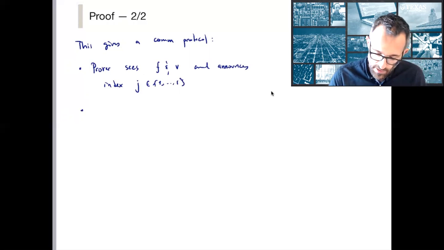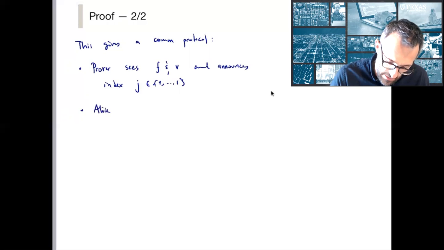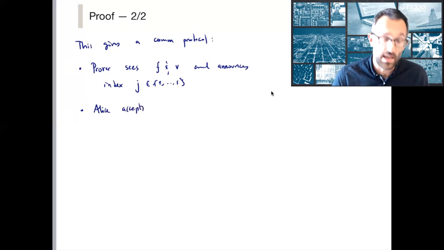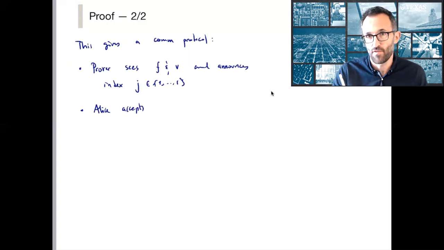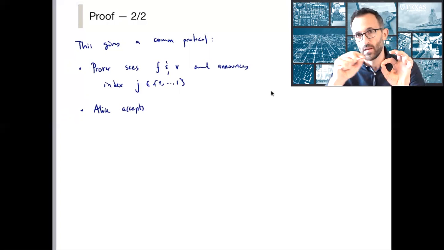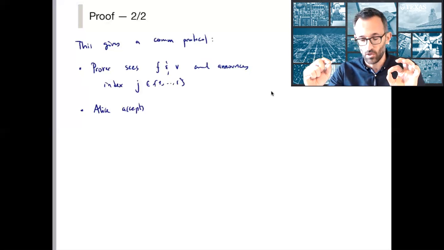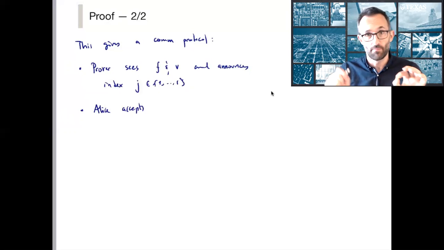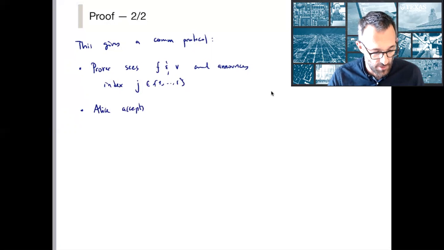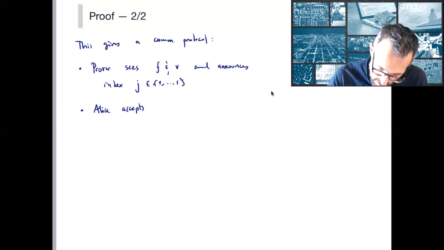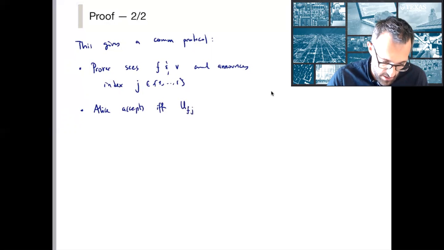When does Alice accept? Remember that Alice is going to accept if Alice's index f has a 1 according to the corresponding hint, and Bob is going to do the same thing. So Alice accepts if and only if ufj is greater than 0.